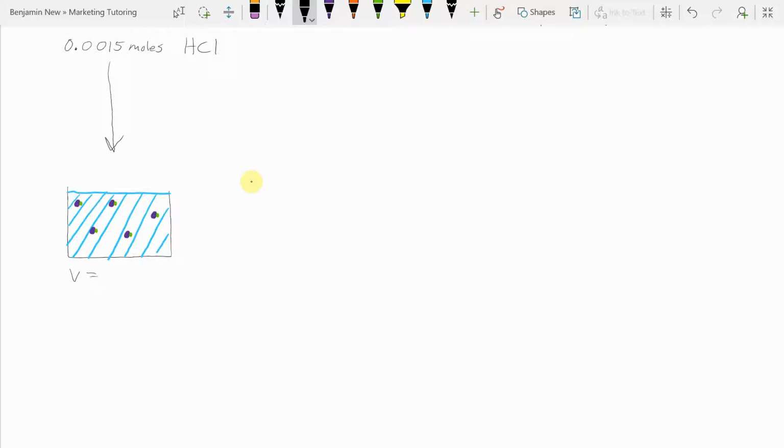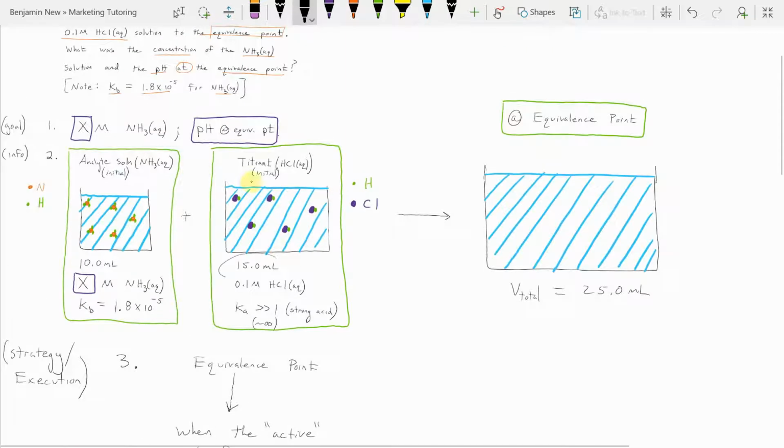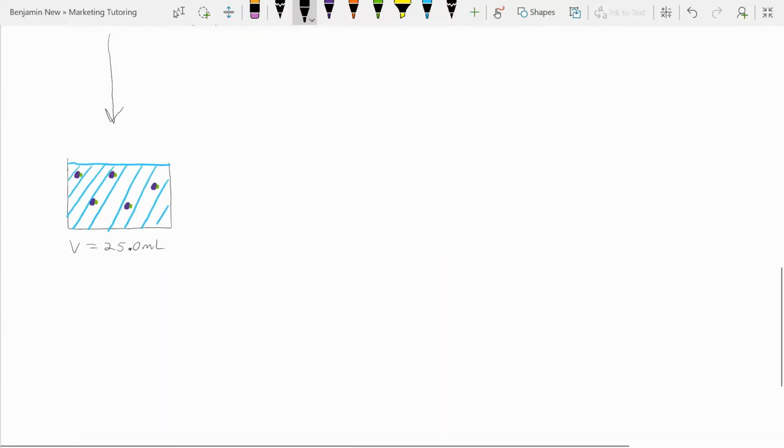So the volume is 25.0 milliliters. So it's larger than this 15 because we're adding both the solutions together. We're just considering what type of reaction or equilibration we can consider just for the HCl and water, but in the entire volume.